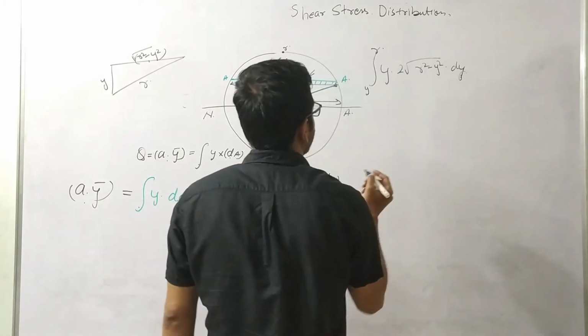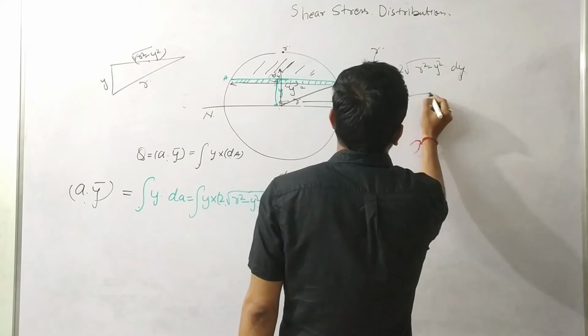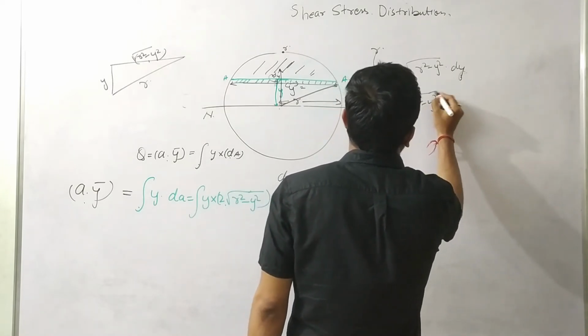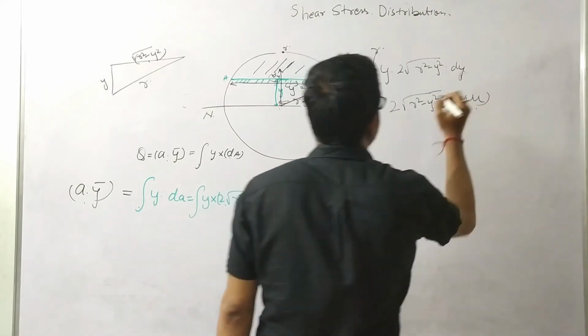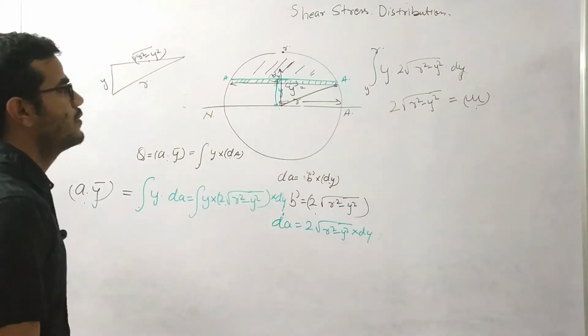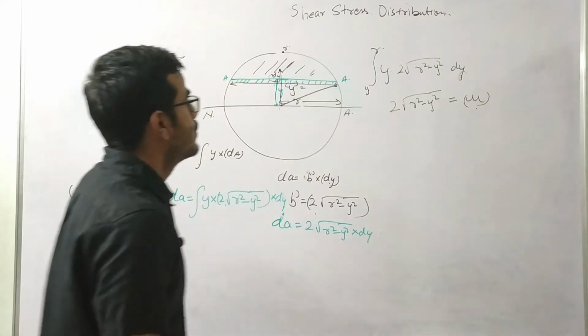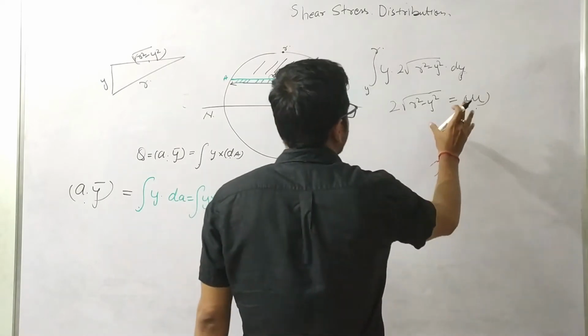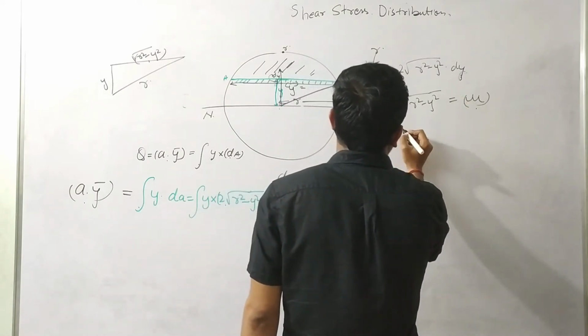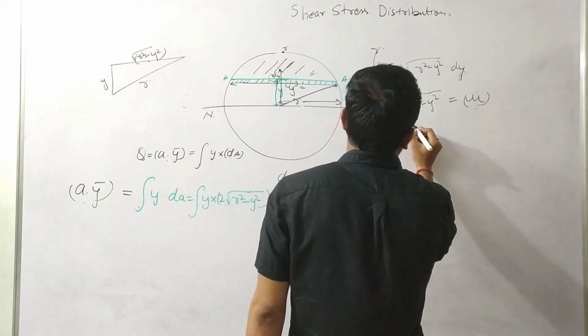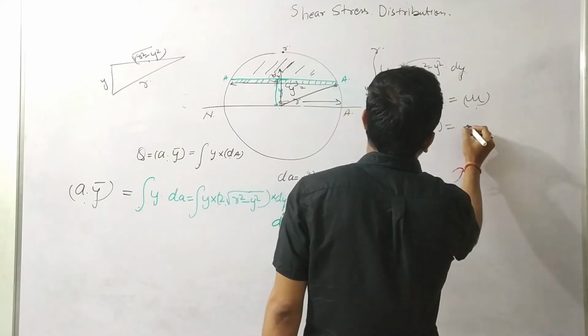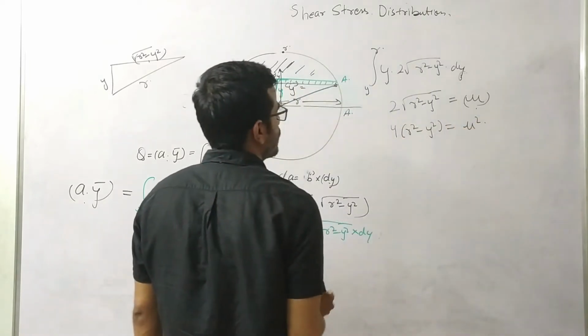So what happens is that now I need to integrate things. I'm introducing one term over here, which is under root r square minus y square equals to u. Okay, this will make our integration easy. If I take the square of both sides, it will be 4 into r square minus y square equals to u square. Okay, squaring both the sides.